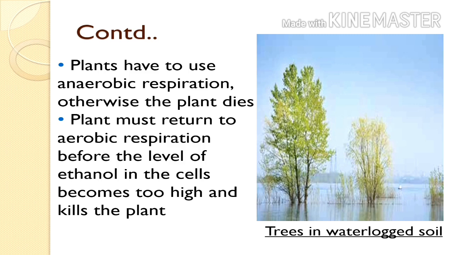Waterlogged is the saturation of soil with water, or we can simply say that waterlogged soil is actually wet soil. However, plants must come back to aerobic respiration, means respiration with air, before the level of ethanol becomes too high, because a high level of ethanol kills the plants.